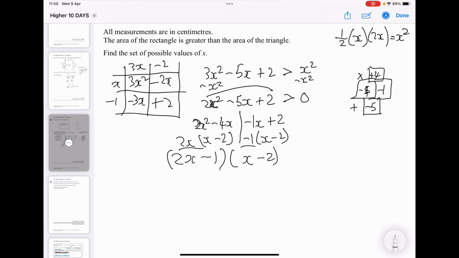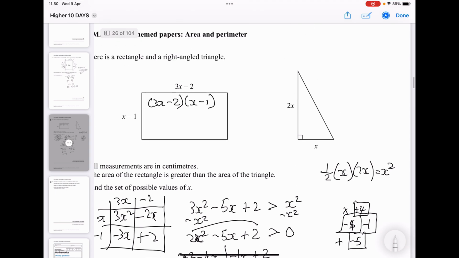So I've got 2x minus 1 times x minus 2. 2x minus 1 equals 0, plus 1, 2x equals 1, divided by 2, so x equals a half, or x minus 2 equals 0, plus 2, x equals 2.